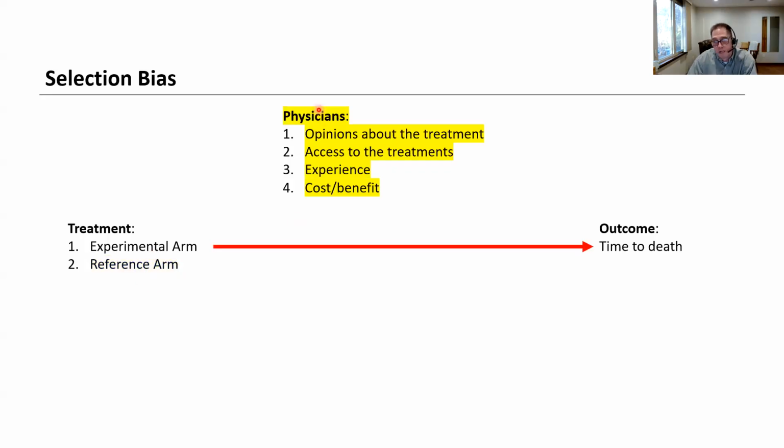And then you need physicians, right? And so you go to the cooperative group and you say, help me enroll doctors who have access to patients that meet my eligibility criteria. But those physicians, they come to the study with opinions about the treatment, maybe limitations or access to the treatment, some experience with the treatment, or maybe they've read something about it, maybe a phase 2 or some earlier findings on that particular treatment.